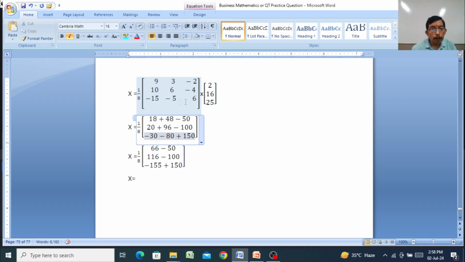And third row, first column, 110. Now simplify in the next step.